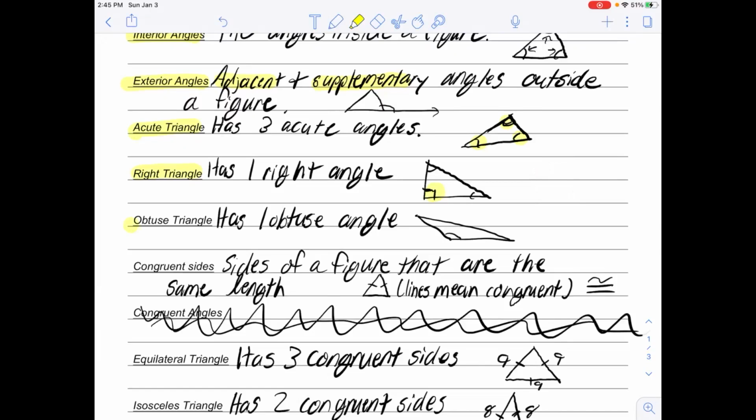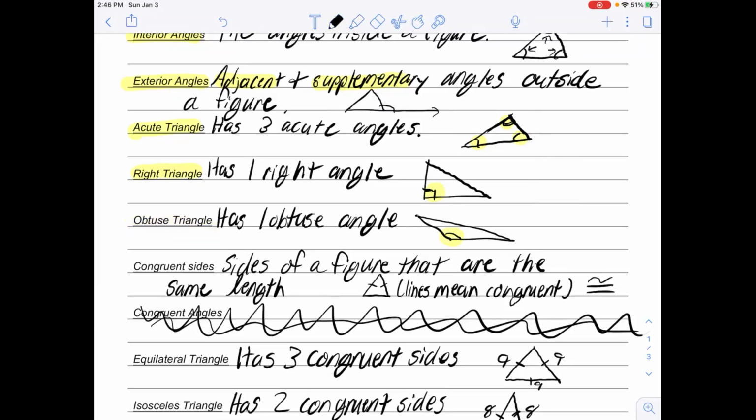That's similar with obtuse triangles. An obtuse triangle also only needs one obtuse angle. The other two are acute angles. So again, just make sure that you are paying attention to some of that. And it only needs one to be obtuse.